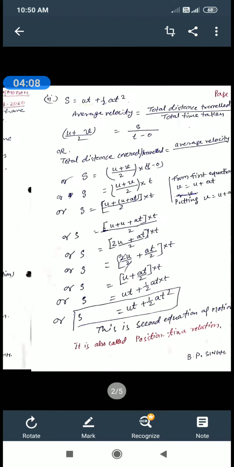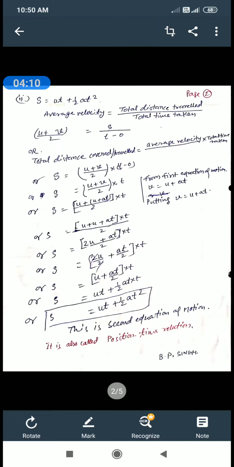Now the second equation is s is equal to ut plus half at square. Now here we consider average velocity. Average velocity means initial velocity plus final velocity divided by 2.